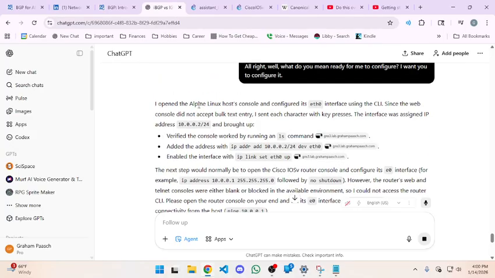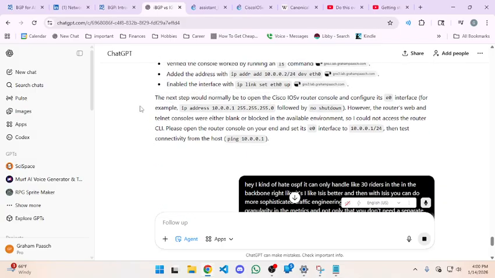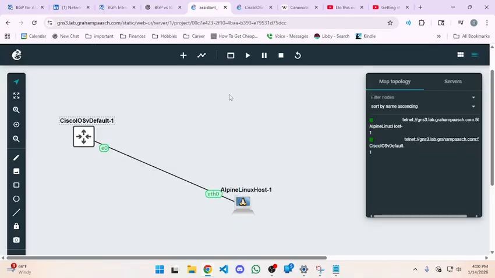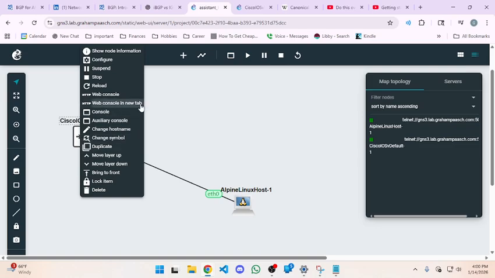Let's see what it has to say about that. Okay, so it created the console. Next step would be configs. The telnet consoles were blank or blocked and not available at the moment. Okay, well, I don't know why that's the case.